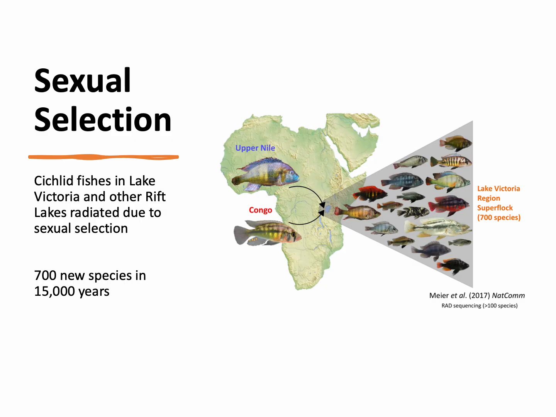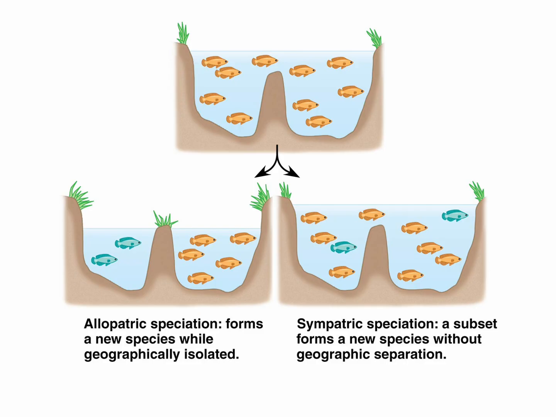It's a process where individuals of one sex are going to be choosy about their mates, right? In this lake, you have some geographic isolation happening when the water levels go up and down. When water levels go down, you have allopatric speciation happening.